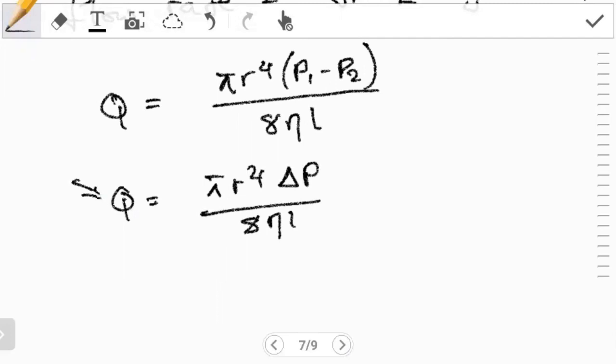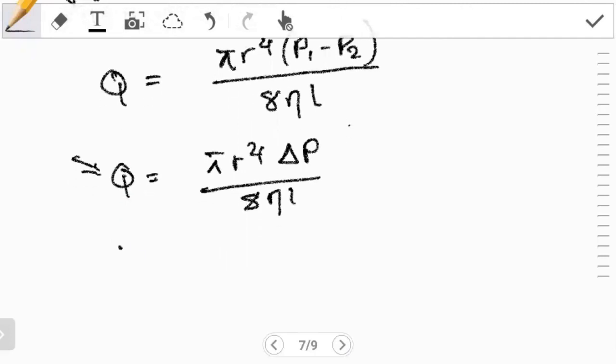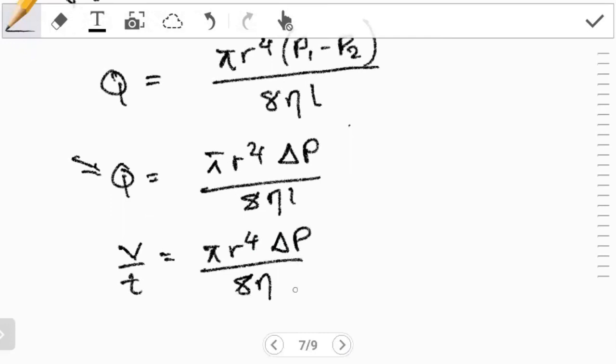We want to start substituting. We want to find the change in pressure, but we just want to keep in mind that this is the volume flow rate. So if we actually even try to substitute what this is, it is supposed to be something like V over T. So this is the one that equates to this change in P over 8 eta L. All I'm saying is this is the volume flow rate.